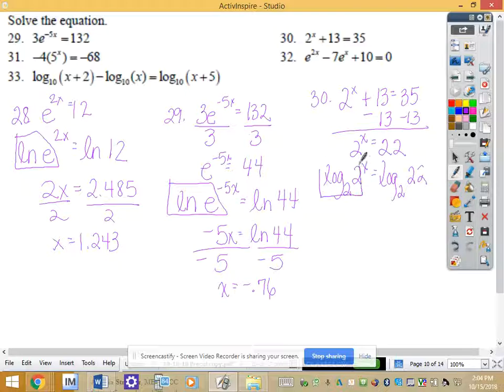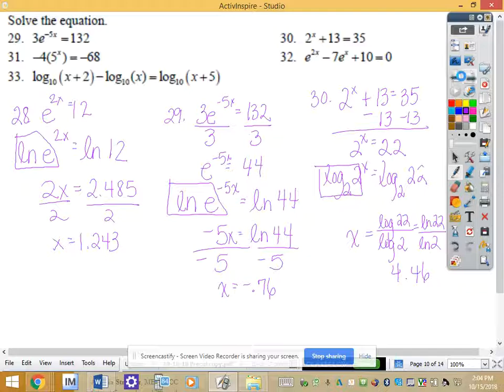So these two cancel each other out, and I have x is equal to, and I'm going to have to put this in the calculator. So I'm going to have to do log of 22 over log of 2, or natural log of 22 over natural log of 2. And that's going to give me 4.46.